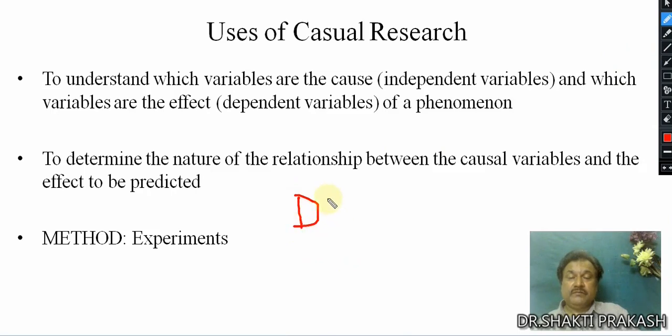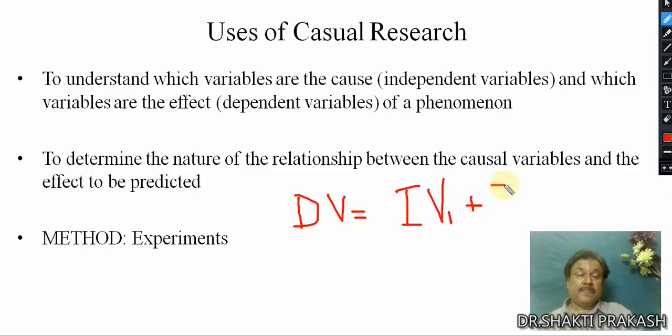The dependent variable will be equal to a number of independent variables: IV1, maybe other variables also affect, then IV2, maybe more variables, and then there is the error, E. So one will be the dependent variable, and the others will be independent variables.